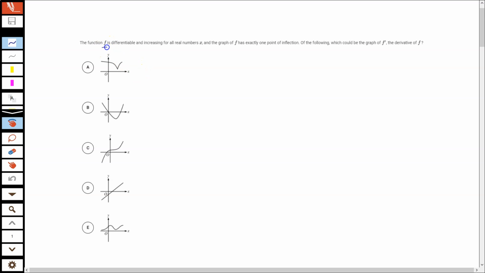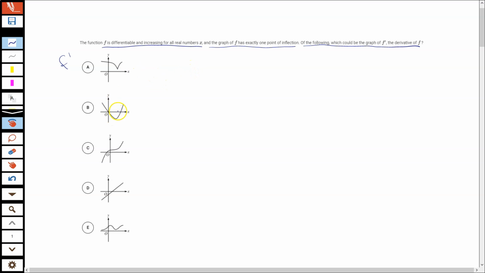My function f is differentiable and increasing for all real numbers x, and the graph of f has exactly 1 point of inflection. Which of the following could be the graph of f prime, the derivative of f? As you read these, it's important to take notes. First of all, these graphs are f prime, not f.